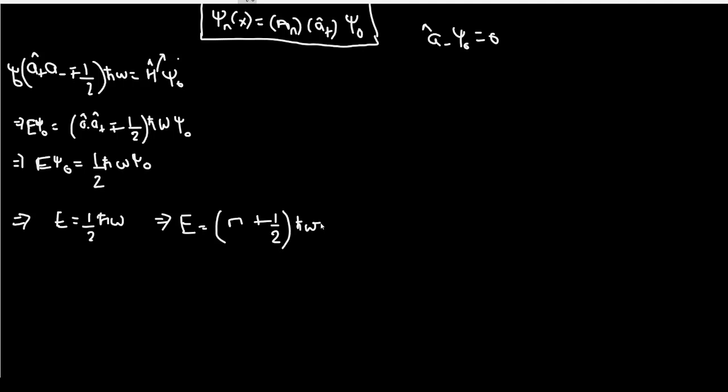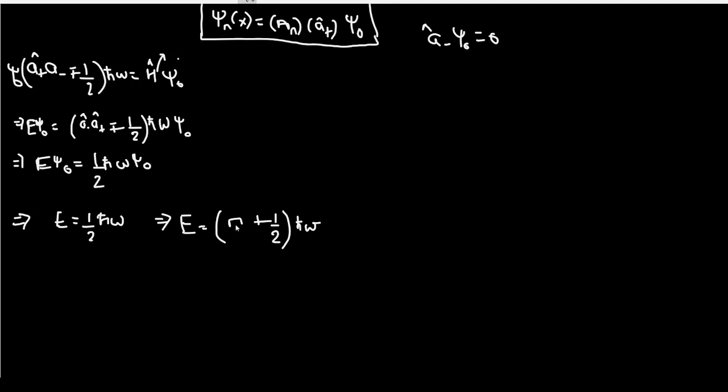Here is another remark: if you put n equals 0, you still get a value of energy. This is the thing in quantum mechanics: even for n equals 0 there is still energy, and this is called the zero point energy. It means there is no zero energy defined in quantum mechanics.